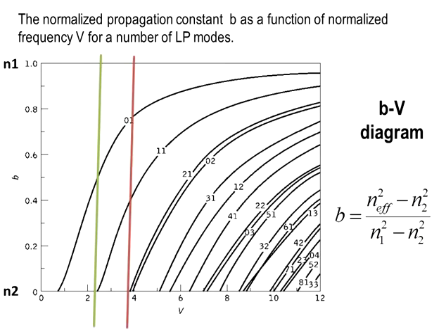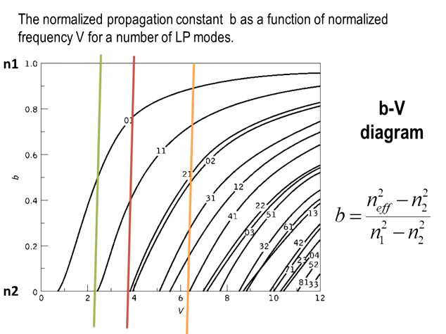Now if I consider the second vertical line, which is near about 4, below this line you can observe two modes can exist in the fiber, that is LP01 and LP11. So if this V number is near about 3.8 or 3.9, then fiber can support two modes.